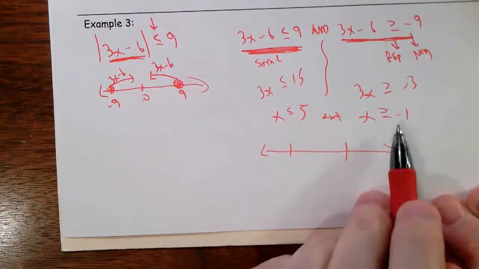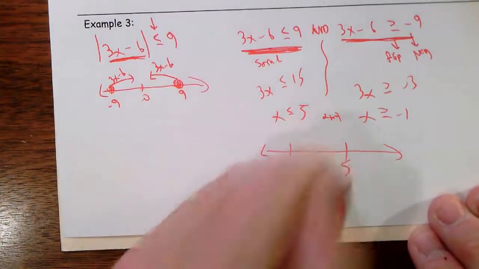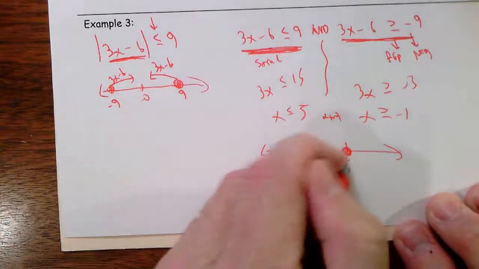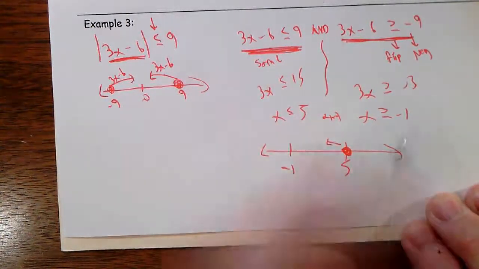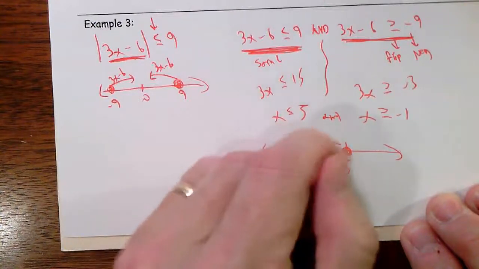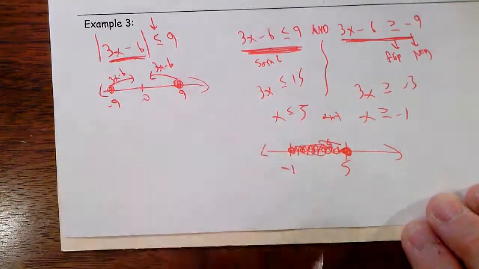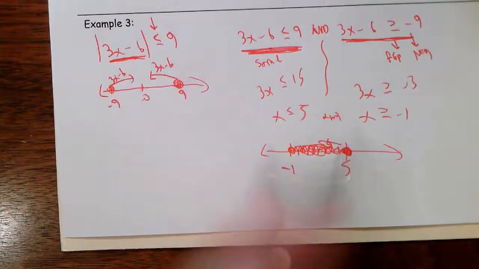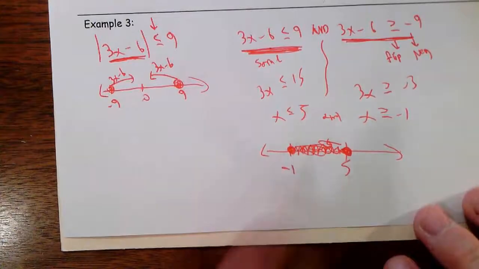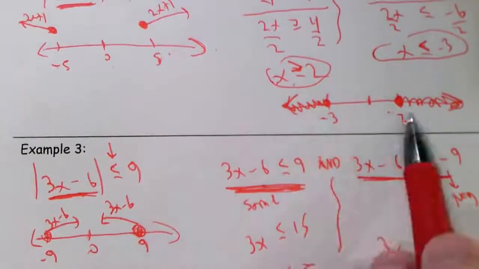Let's see, what are my two key numbers? Negative 1 and 5. I need numbers that are less than or equal to 5, but greater than or equal to negative 1. So that would be all the numbers right in here. And as usual, an AND graph is between two numbers, where an OR graph goes in opposite directions.